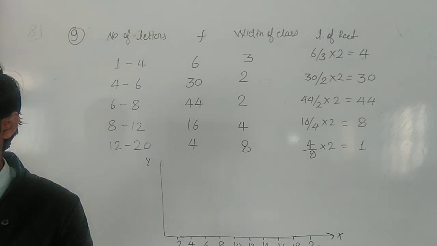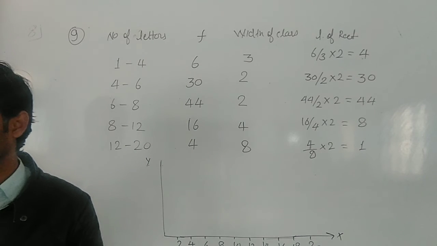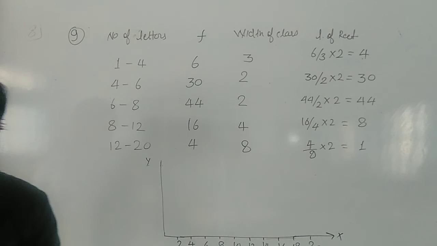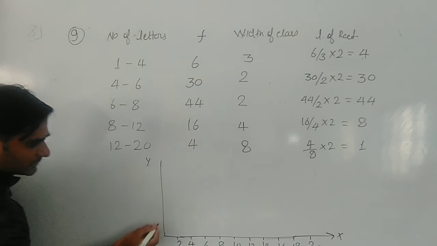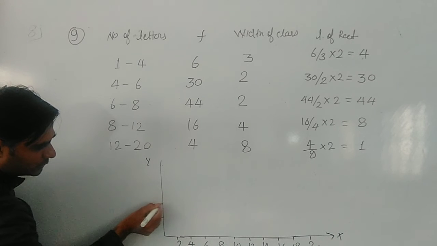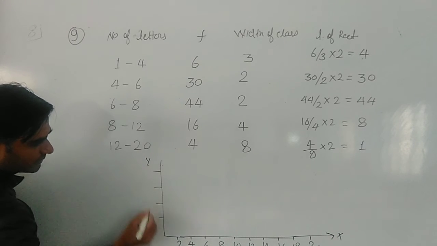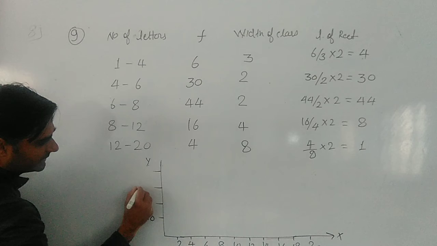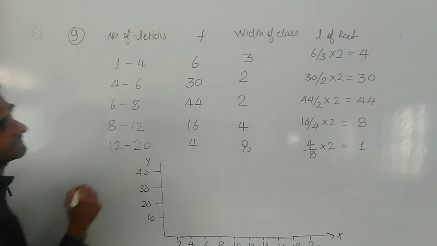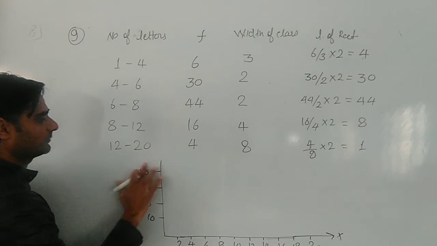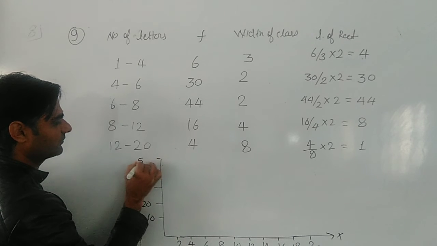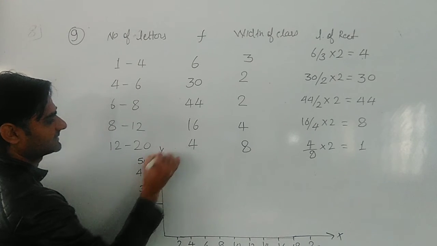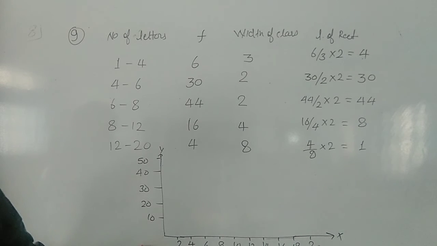Can we take 10, 10, 10, 20, 30, 40? Or we can take 5 also. Okay. So here 1, 2, 3, 4, 10, 20, 30 and 40. Last one 40, na? 44 more is there, so we have to take one more, 50. This is the y-axis, right? Got it?